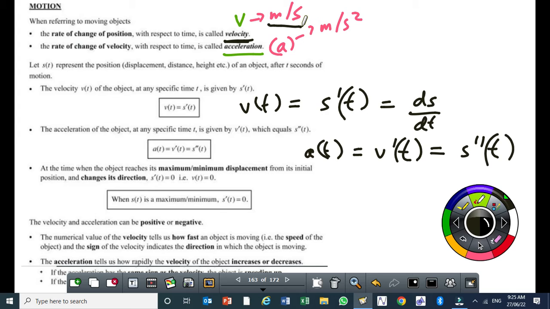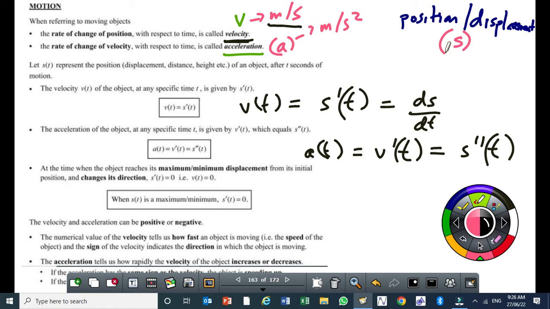Now, it's important for you to know that velocity itself is also a rate. It's a rate of change of position or displacement. Now, in physics, position is also called displacement. And the two are denoted by a small letter s. So position is denoted by s, and displacement is also denoted by s.